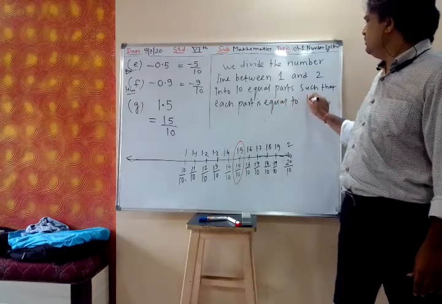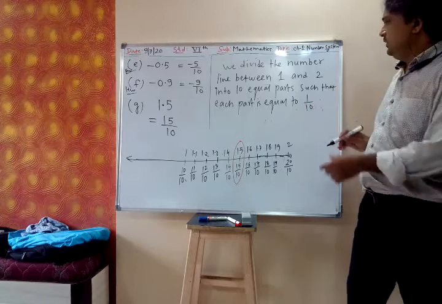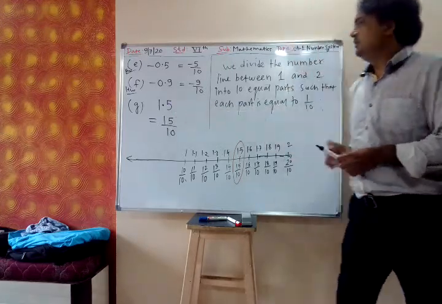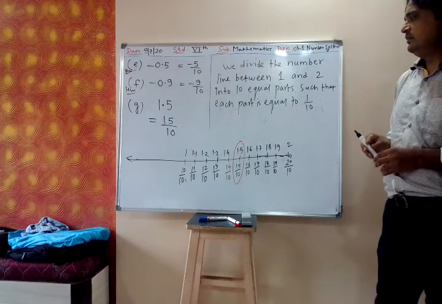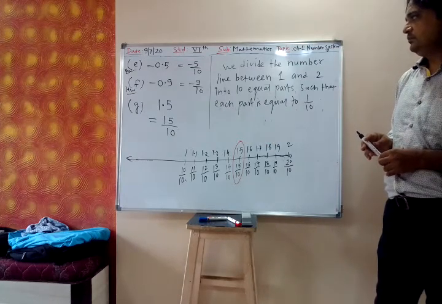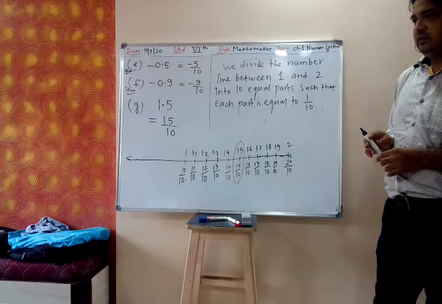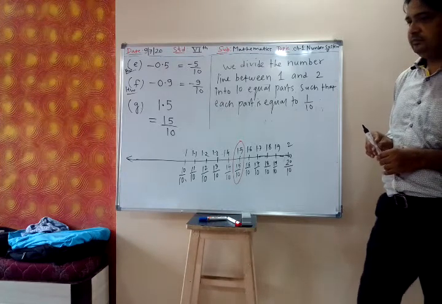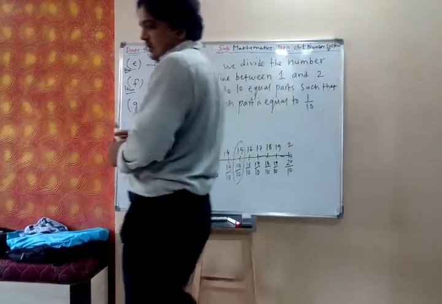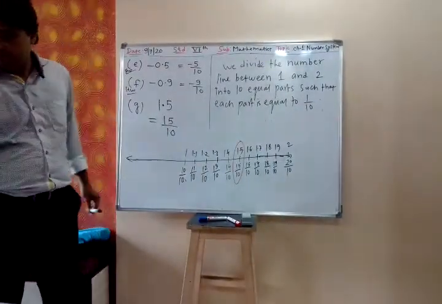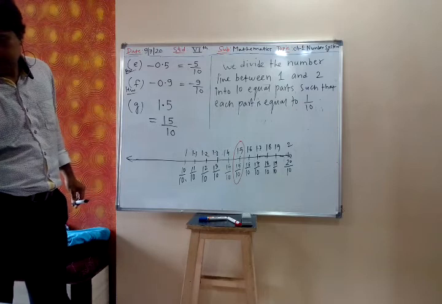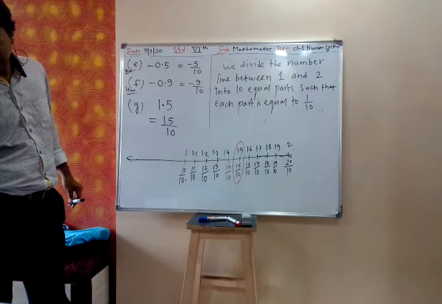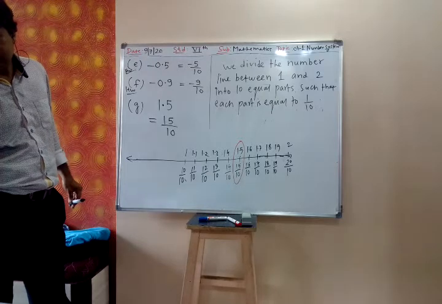We write plus 1 upon 10 because the number is positive. We divide the number line between 1 to 2 into 10 equal parts.